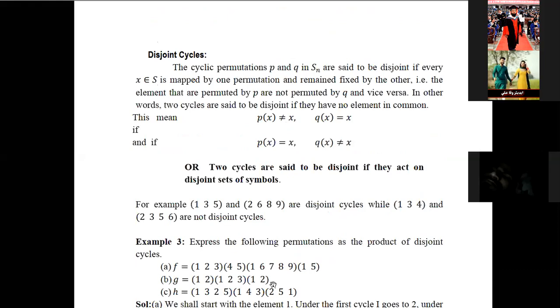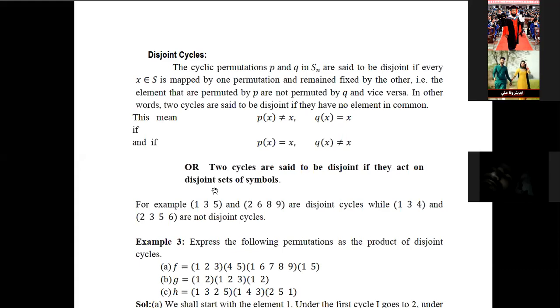Means the elements that are permuted by P are not permuted by Q, or vice versa. Same way, if P of x is not equal to x, then Q of x equals x. Or you simply say two cycles are said to be disjoint if they act on disjoint sets of symbols.